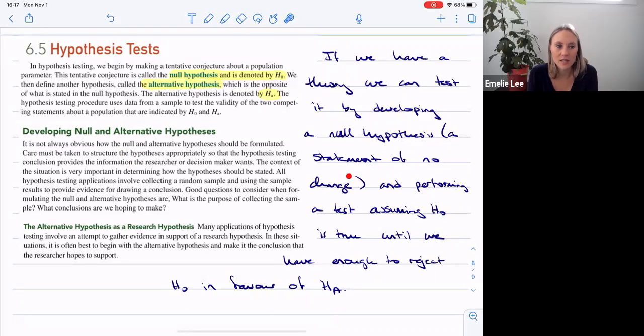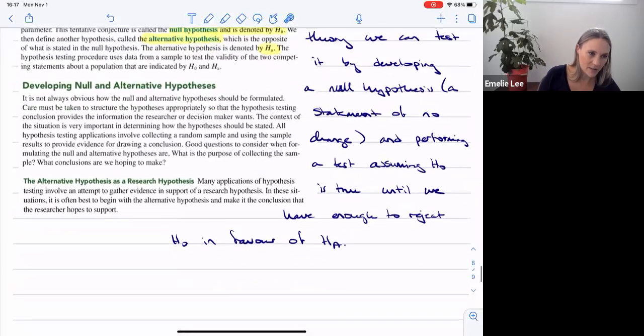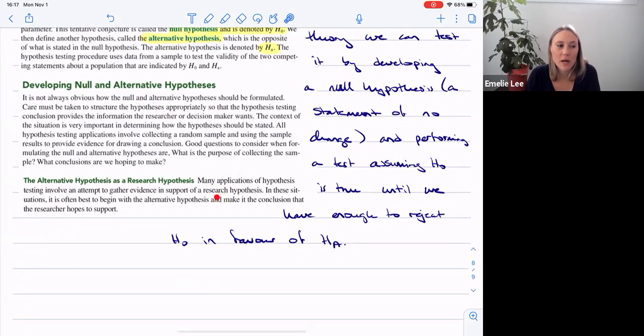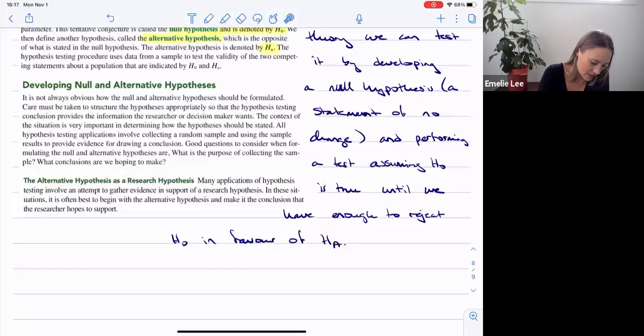This textbook takes it a step further and allows for inequalities in both, but the equals part has to be in the null hypothesis. A lot of the time, you actually suspect the alternative hypothesis is true. That's not always the case. Sometimes you're hoping it's not true, but it depends on what you're testing.